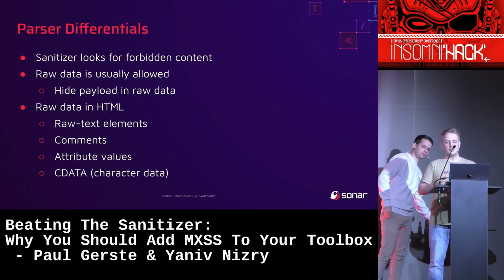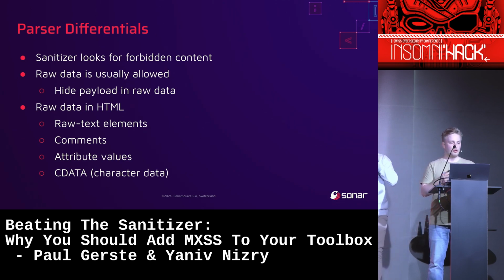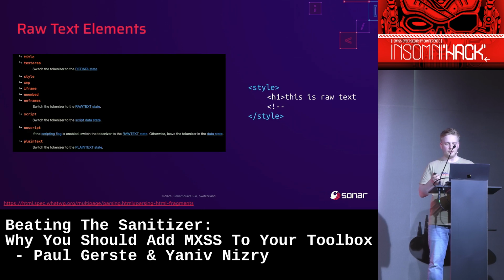So in HTML, there's multiple ways how to put raw data in there. One thing is raw text elements, which we're going to look at more in a minute. The other is just comments, but sanitizers usually throw them out because they're not rendered anyways. Then we have attribute values, and finally CDATA, which stands for character data.